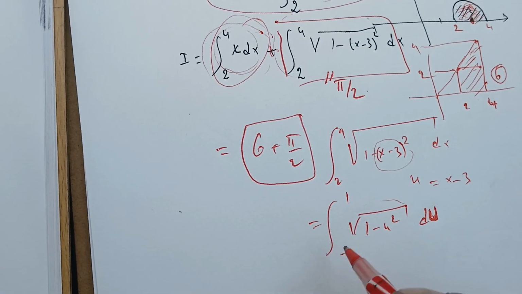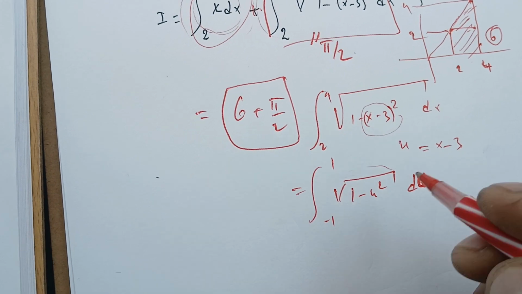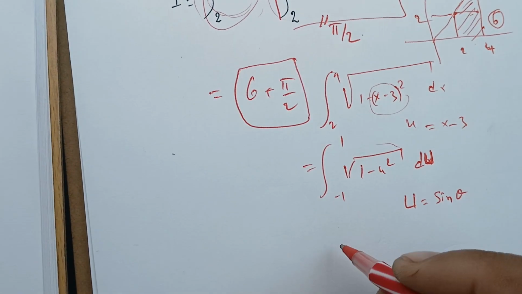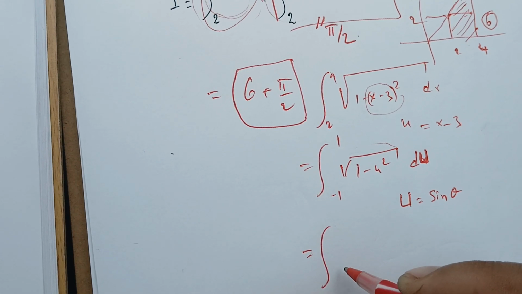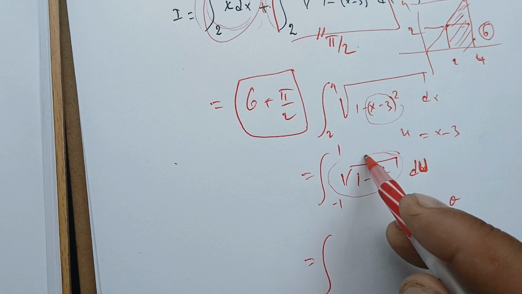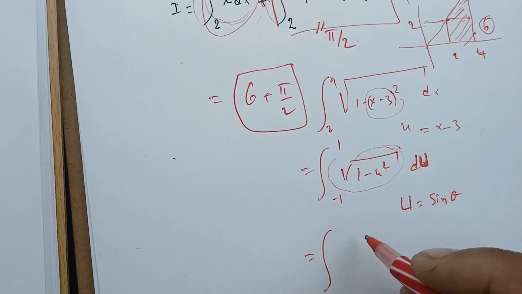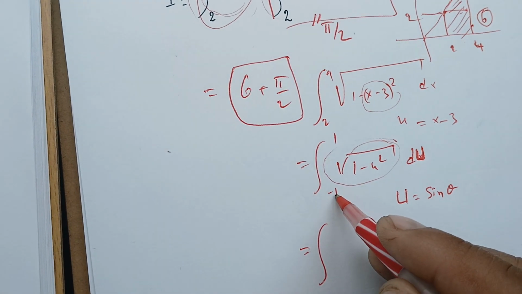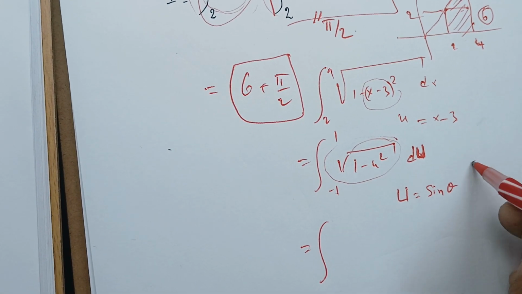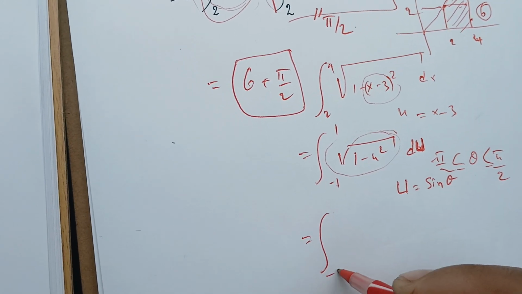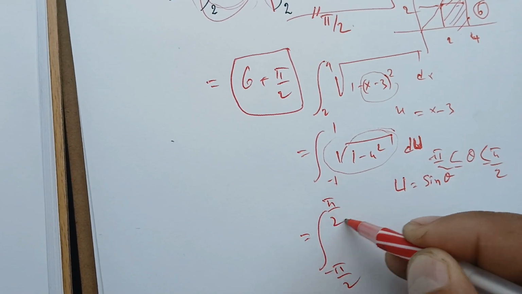Now we can do another change of variable. We can use u equals sine theta. When u is minus 1 and 1, theta is between minus pi over 2 and pi over 2.